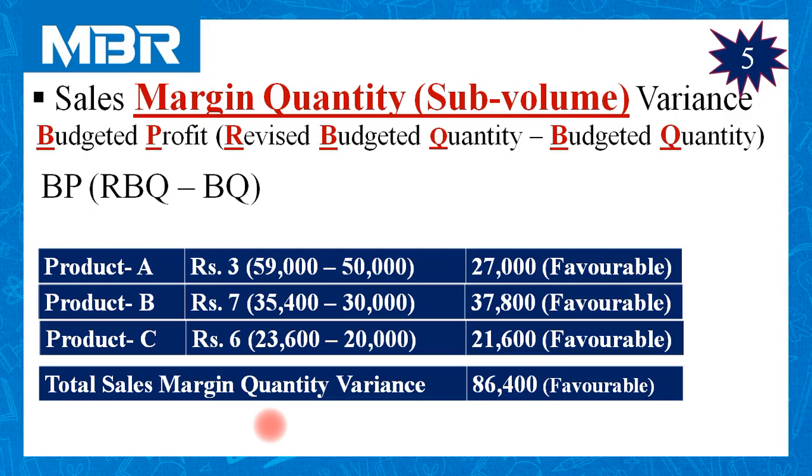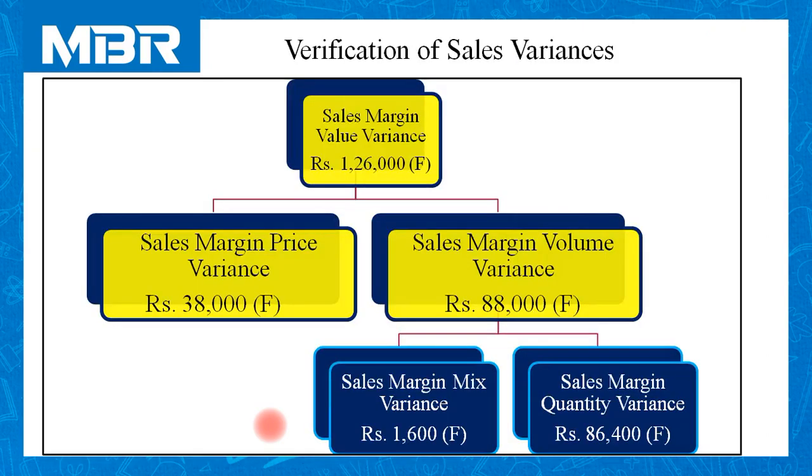After calculation of all five variances, it is advisable for us to adjust everything so that we can verify whether our calculation is mathematically perfect or not. On your screen, you can check our sales margin value variance is rupees 1,26,000 favorable, while our sales margin price variance is rupees 38,000 favorable and volume variance is rupees 88,000 favorable.